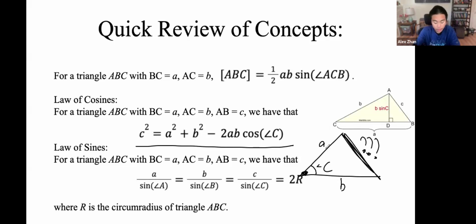Law of cosines also has another way to use it. For instance, let's say we do not know the angle C, but what we do know is the length of the three sides, and what we don't know is this angle. Can anyone tell me how you would try to get this angle using law of cosines?